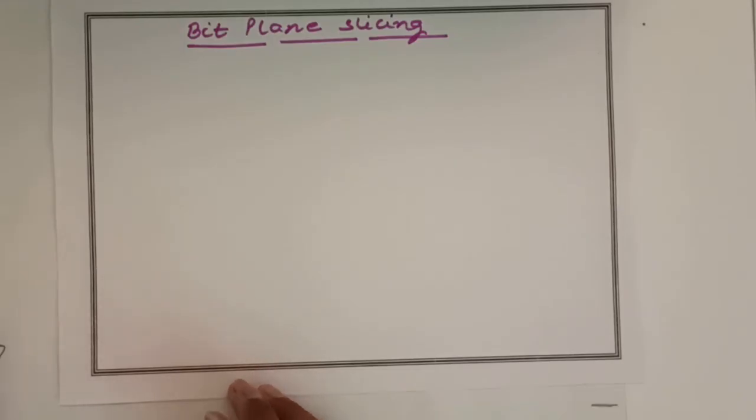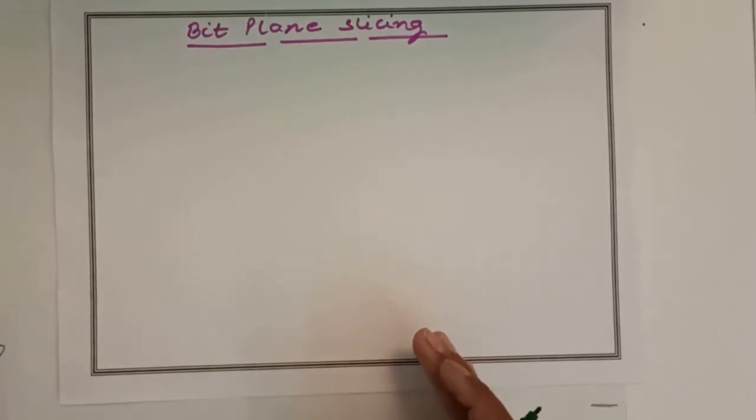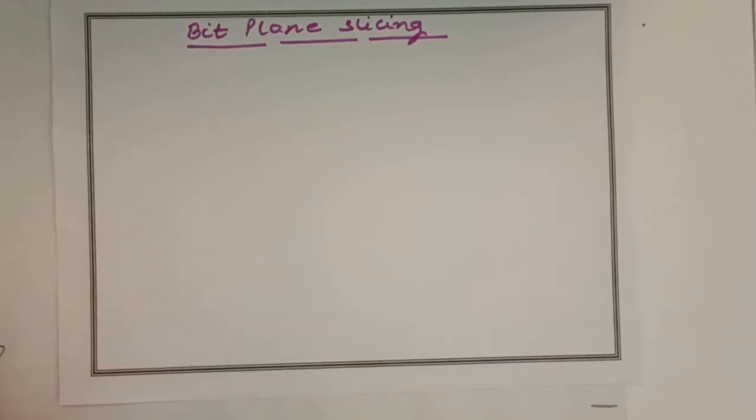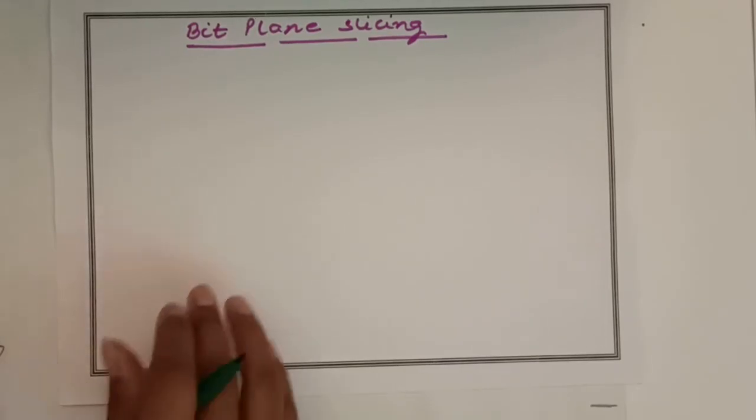So bit plane means just transferring and slicing bit by bit. Means MSB can be sliced out, LSB can be sliced out. Just like if you take a big piece of bread and divide it into slices, you start from one end and go to the second one. So in this case also, slicing of an image can be done starting from LSB to the MSB, and each and every bit represents a plane.